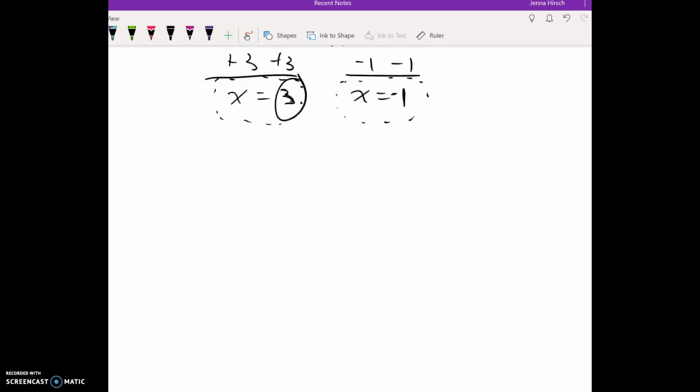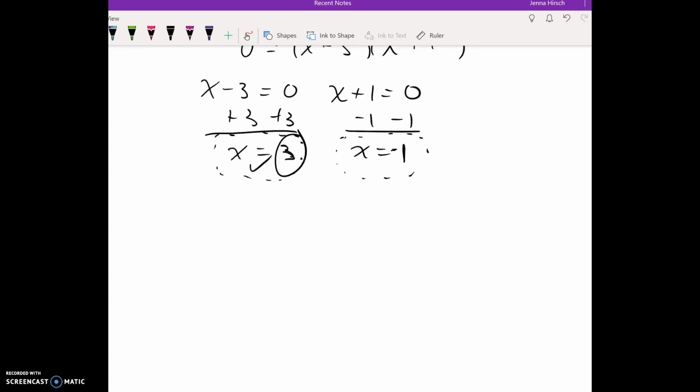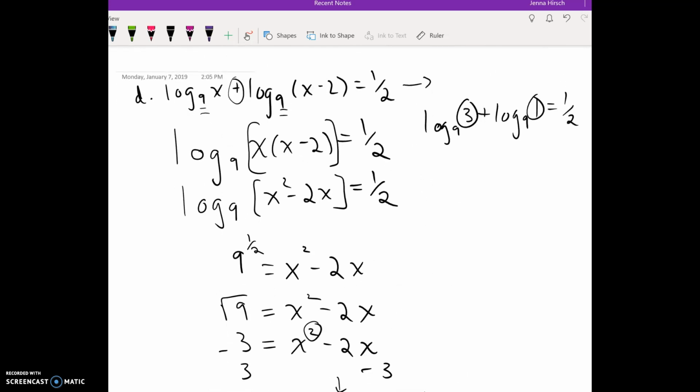So let's check now and see what happens if we substitute in -1. Well, if we do that, we have log base 9 of -1. There's a problem here because this argument is negative. And if we substitute it into the second bit, -1 minus 2 is -3. So we have a problem at both points.